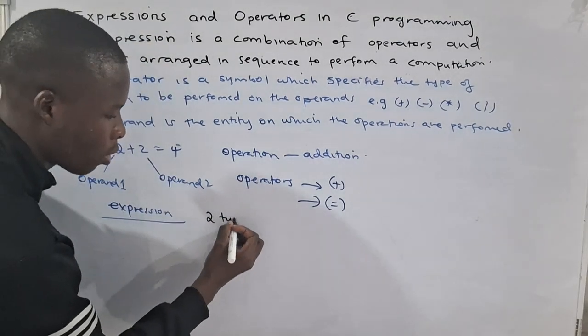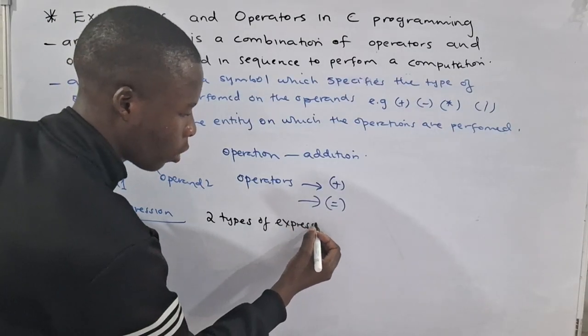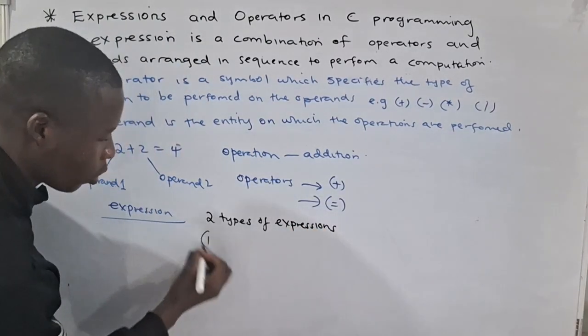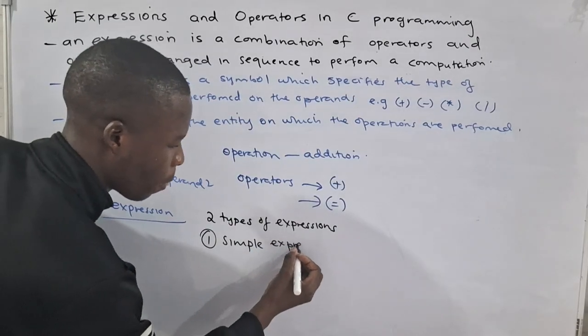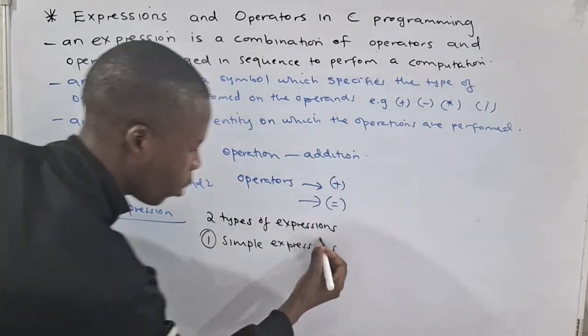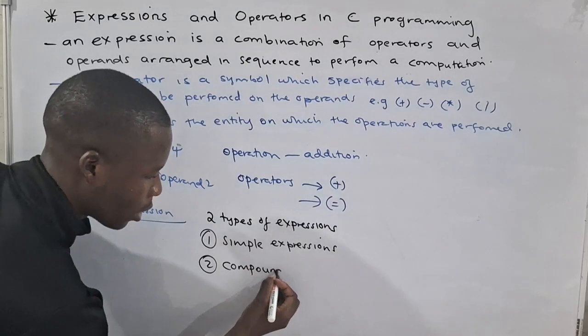So we have different types of expressions. There are two types of expressions. We have what we call simple expressions, and we also have what we call compound expressions.